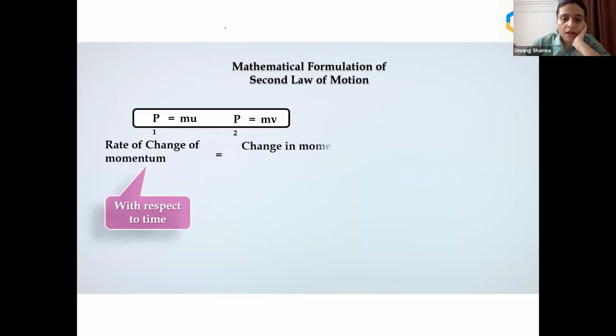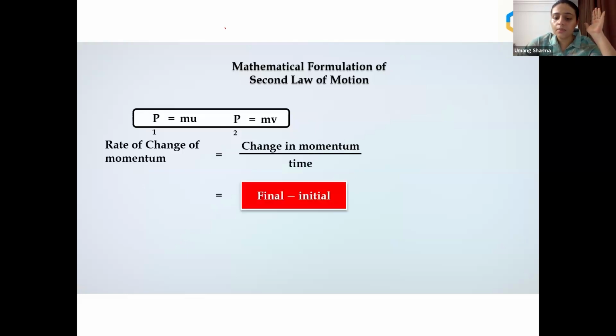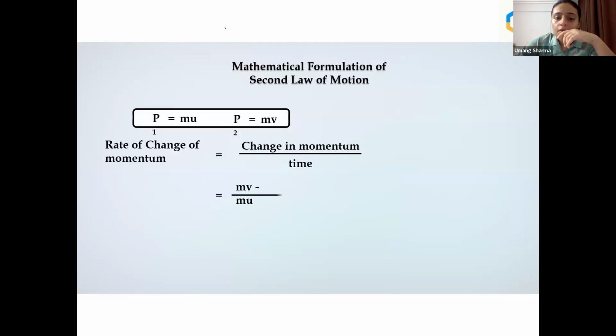With respect to time, we derived the formula in the previous class. Final minus initial refers to the change in momentum. We took m as common, since mass is constant and only the velocity is being changed. We got this.